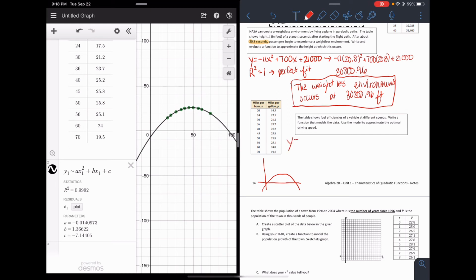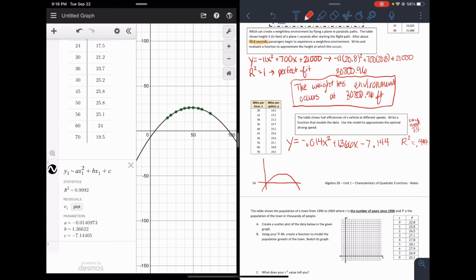It's y equals negative 0.014x squared, I'm going to round, plus 1.366x minus 7.144. All right. My r squared equals 0.999. It's a very good fit. So we can rely on this model to make predictions.